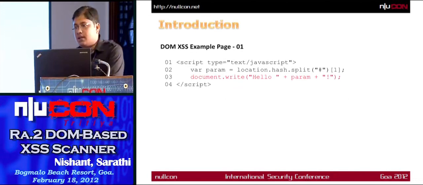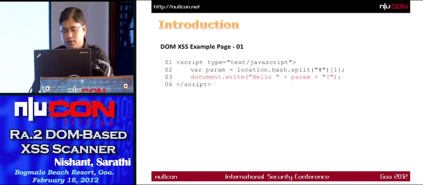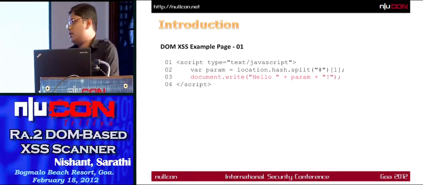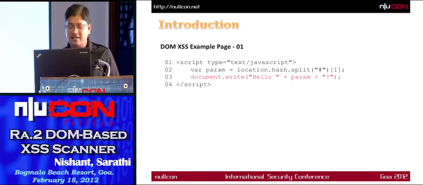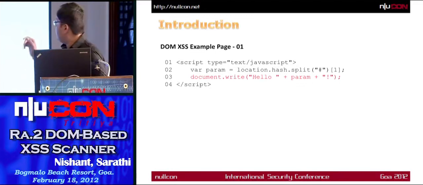Okay, so let us talk about this. Take a look at some example pages. I have created six or seven example pages. These are not real, these are just to test. You see the red line, line number 3, this is where we have a sink.